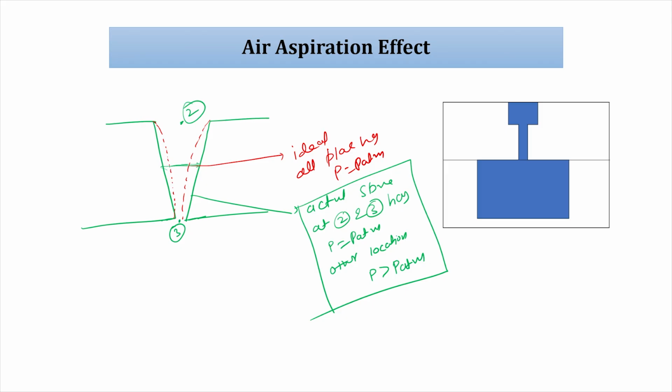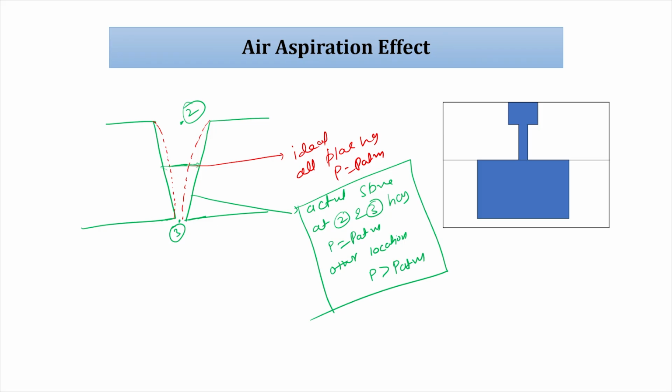Velocity is lower, so pressure should be higher. So the actual sprue has atmospheric pressure at points 2 and 3, the minimum, but at other locations pressure is more than atmospheric. That's good, isn't it? So ideal sprue making is very difficult.